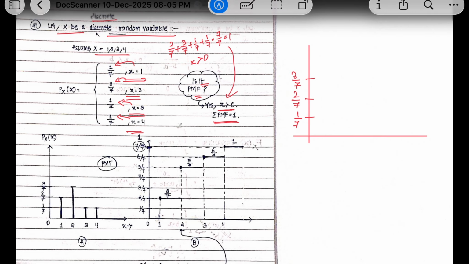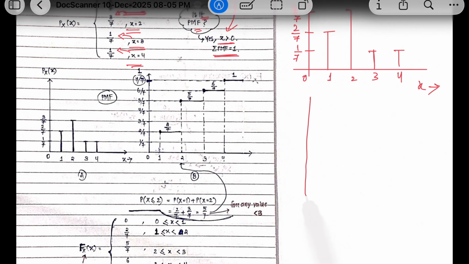If x equals 1, x equals 2, equals 3, equals 4, each has its own probability.